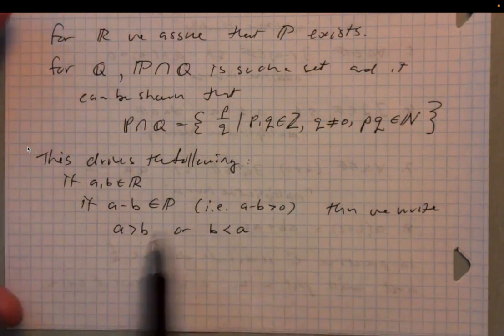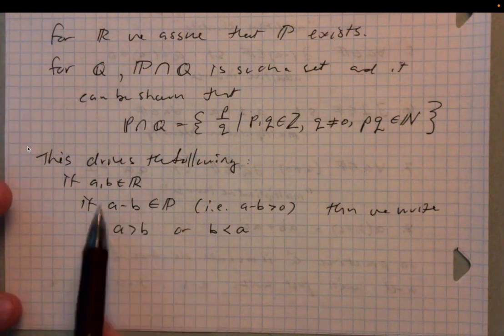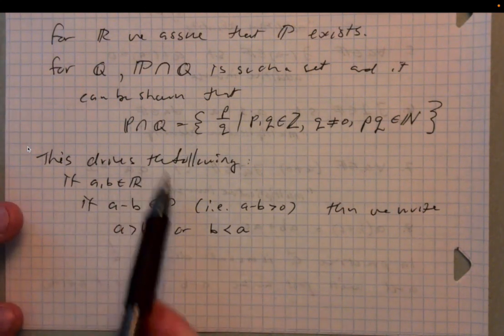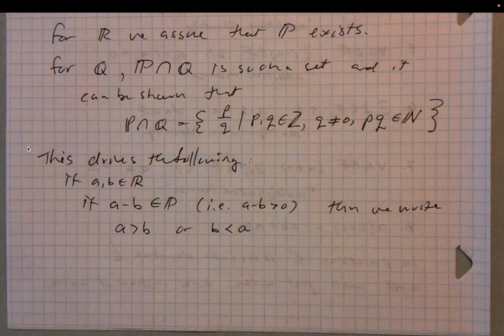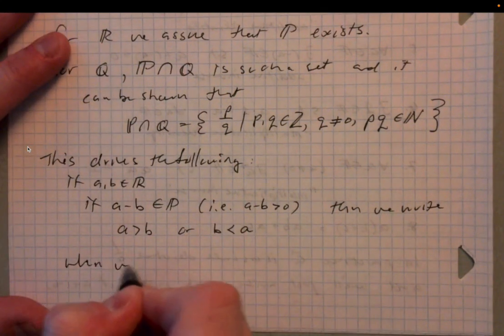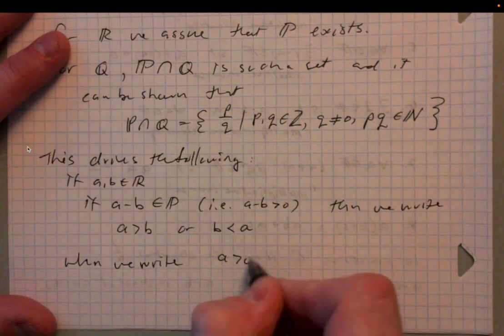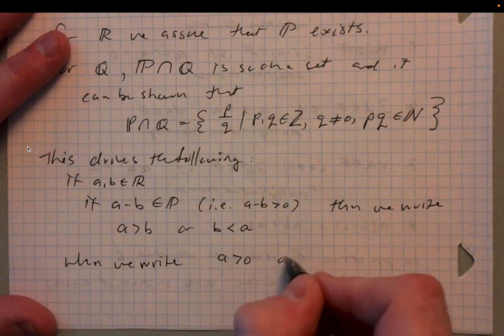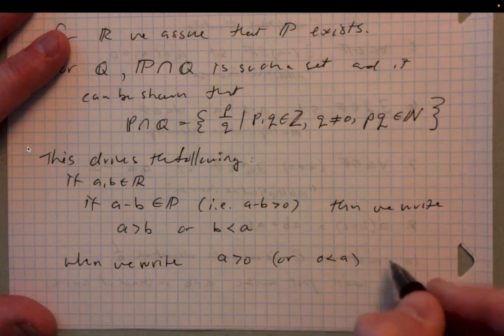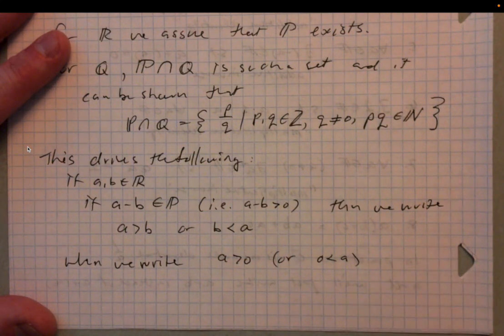So this concept of greater than less than all kind of comes from this idea, or it's based logically on this idea of the existence of the positive real numbers and the fact that real numbers are an ordered field. Now, when we write A is greater than 0, right, or 0 less than A, what we really mean is that A is in P.